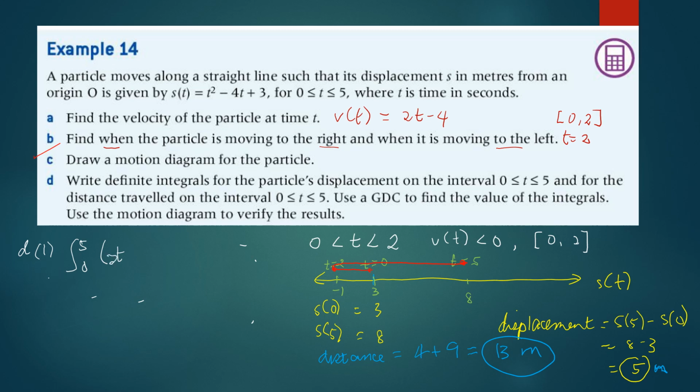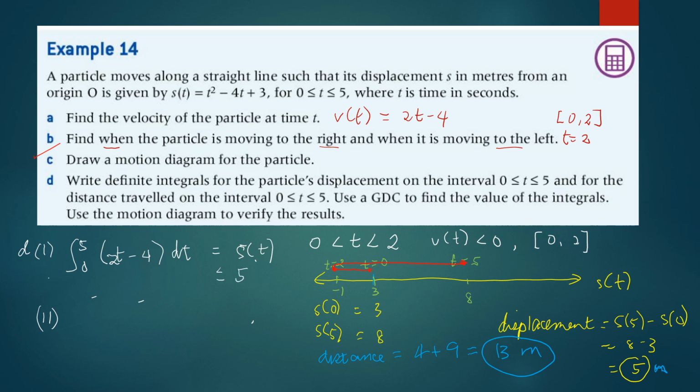2t minus 4 dt. So this is going to be our displacement, the integral of the v of t. And by the way, our answer here is 5. You can use your calculator and check that out.